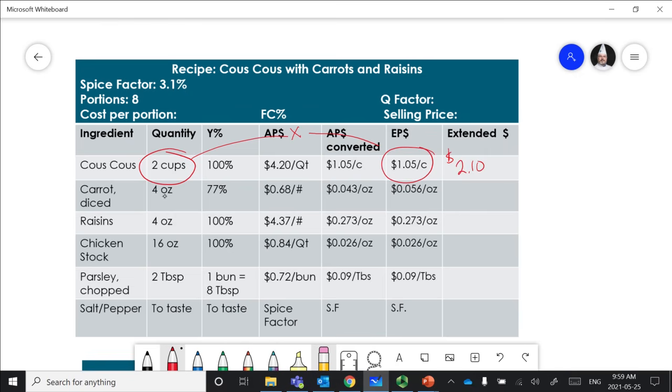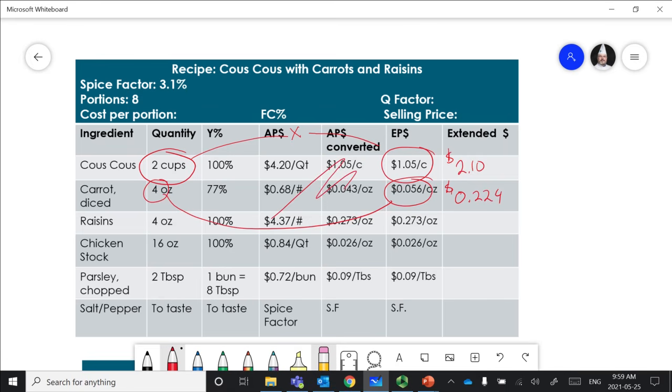For the carrots, we have 4 ounces at 0.056 per ounce. That gives us 0.224, right? So this 4 times this one. We're always going to take our unit in our recipe and multiply times our EP cost. We're never going to go back to our AP cost because we've already used that.